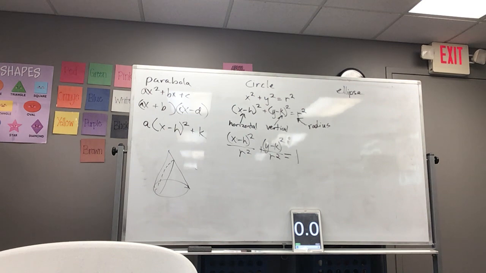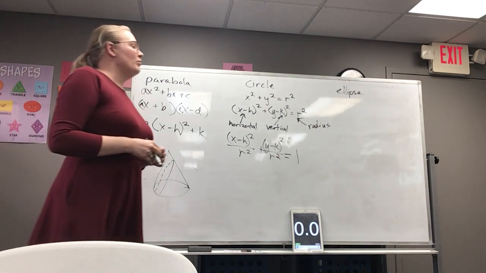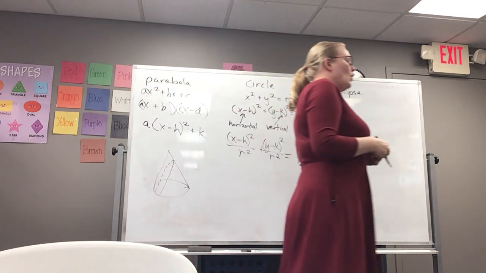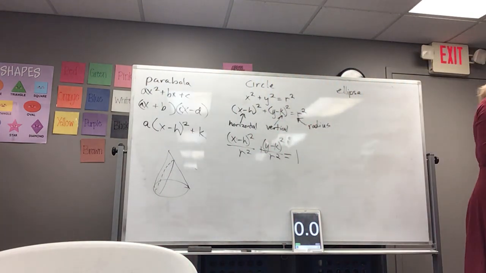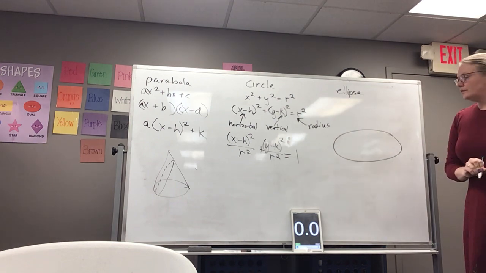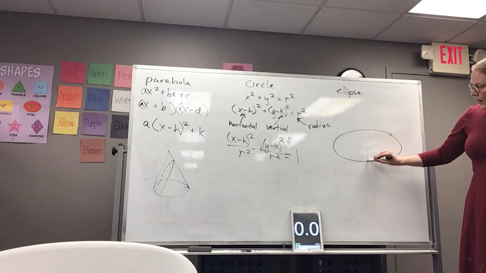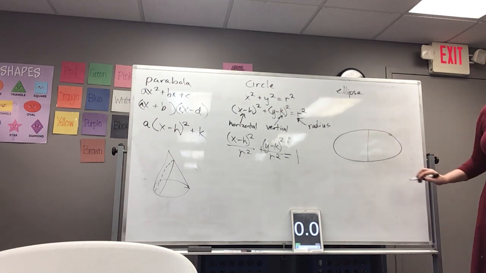An ellipse is going to have this curved trajectory orbit, but rather than having one single radius, the distance wobbles. And so in an ellipse, we are interested in the extremes. How high is it top to bottom?